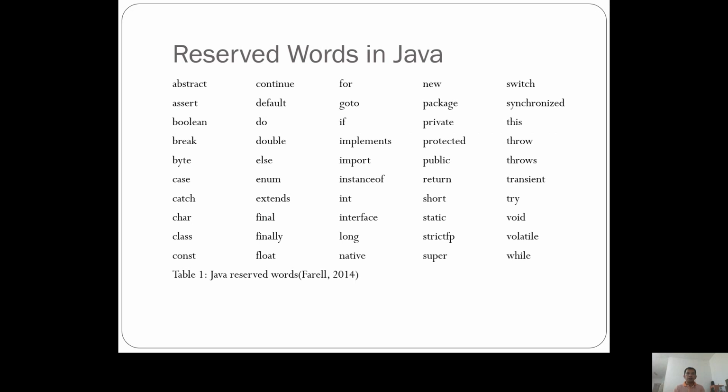The reserved words or keywords have special predefined meaning and cannot be used in naming variables, classes, methods, or identifiers. The Java language designates certain keywords that the compiler recognizes as reserved words. The following table lists all the reserved words in Java.